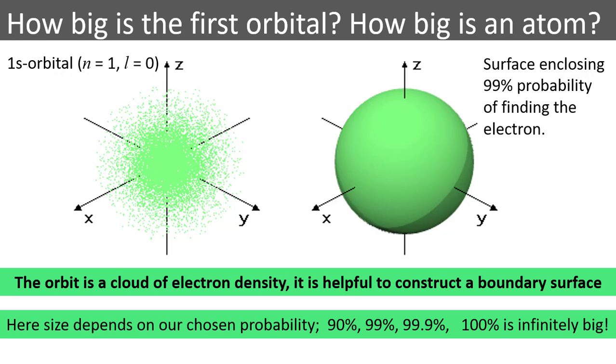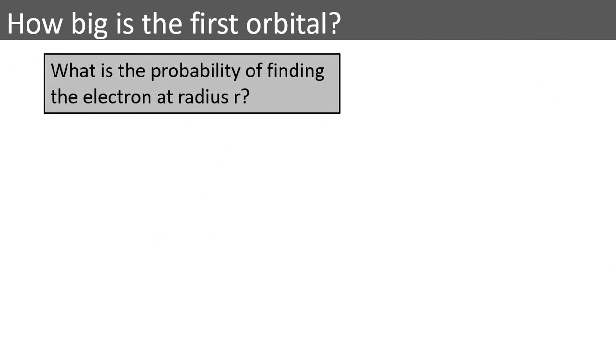But my 99% of the atom is a rather arbitrary number. I might have been happy with just 90% of the atom, and clearly that would have given me a sphere with a smaller radius, and just as a 99% boundary surface would give me a bigger sphere. There's another way to frame the question about where is the electron. We know this wave function is spherically symmetric, so all directions look the same.